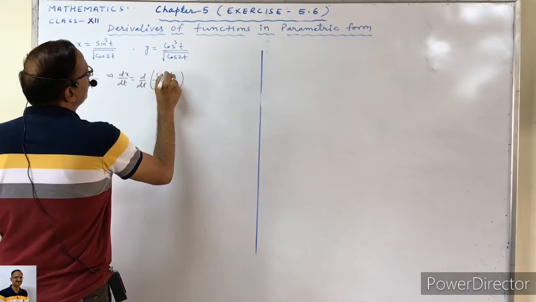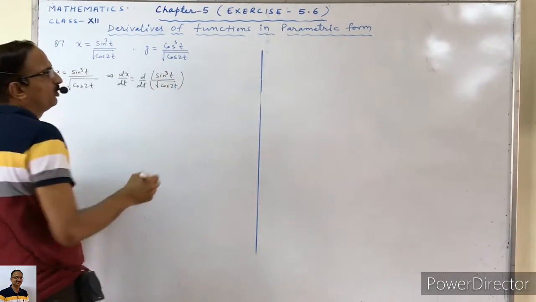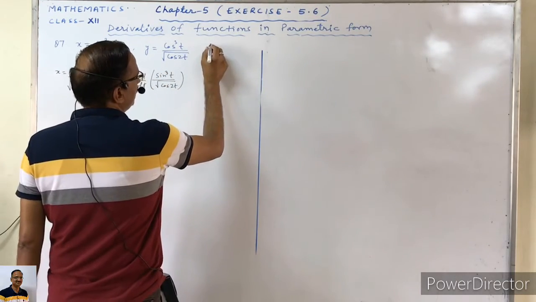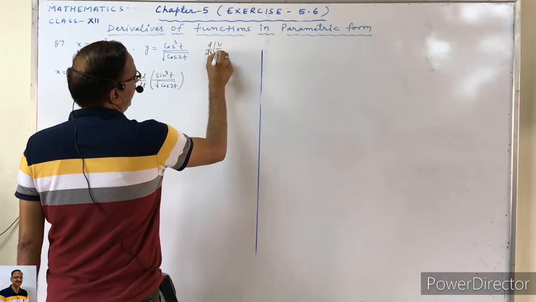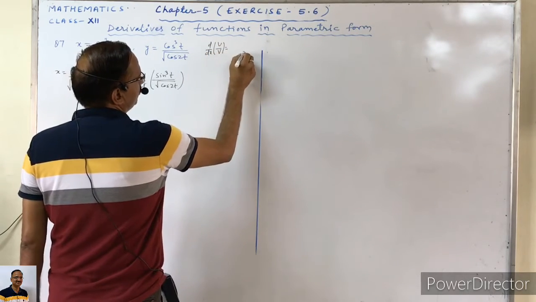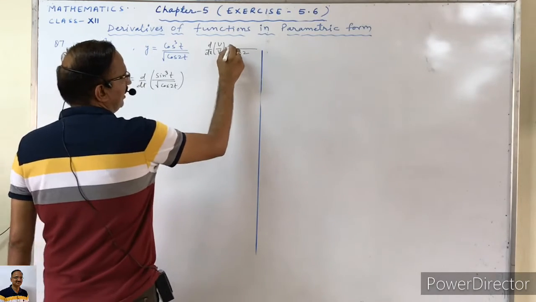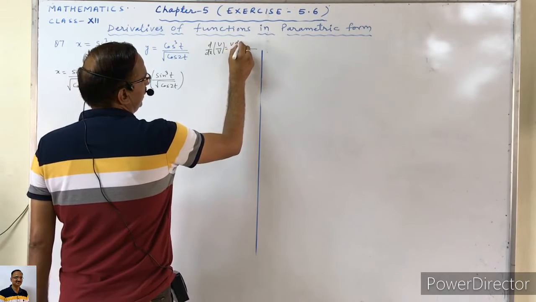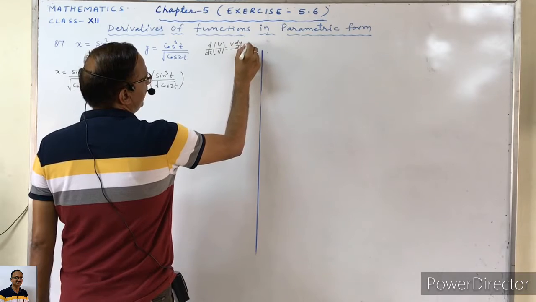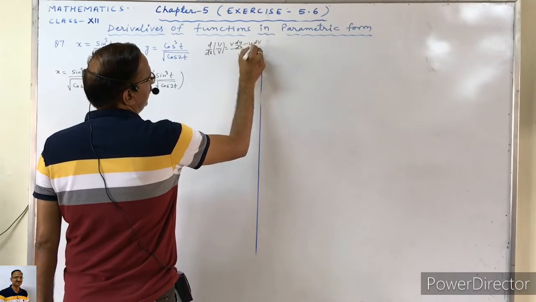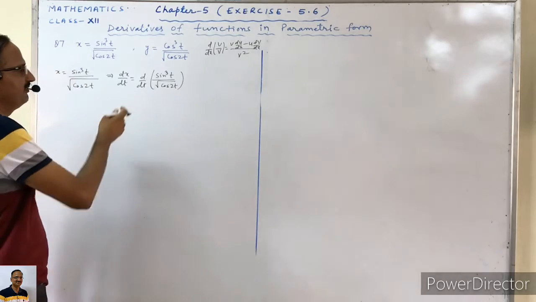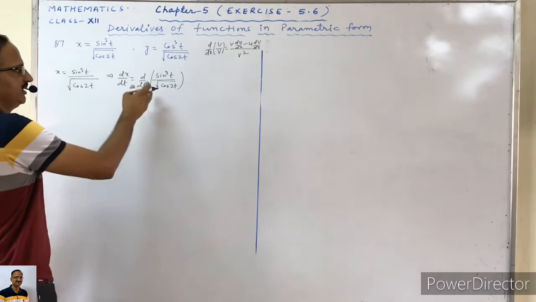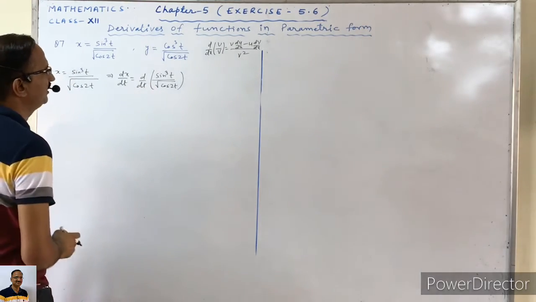In this we will use the quotient rule, meaning d by dx of u by v is v square in the denominator, v as it is du by dx minus u as it is dv by dx. So with the help of this formula we will find the derivative of this function on the right hand side.